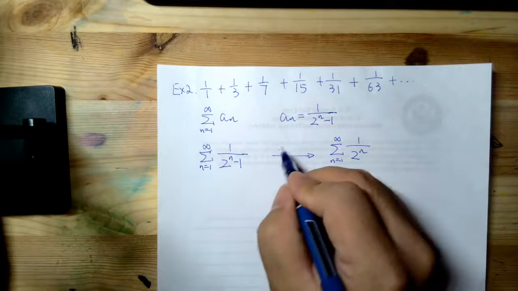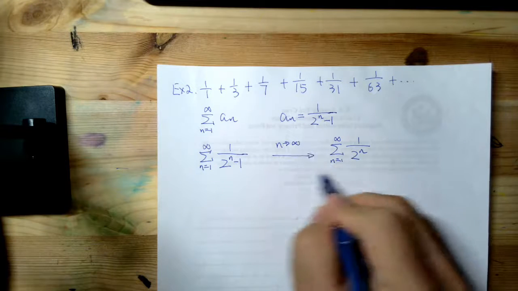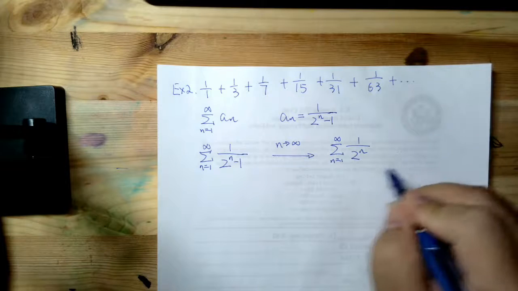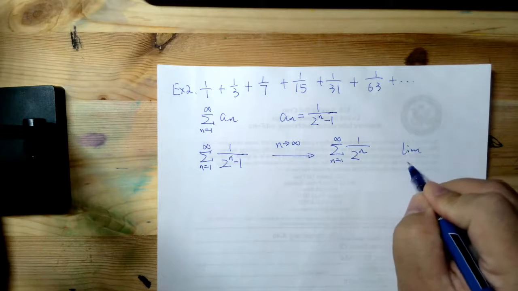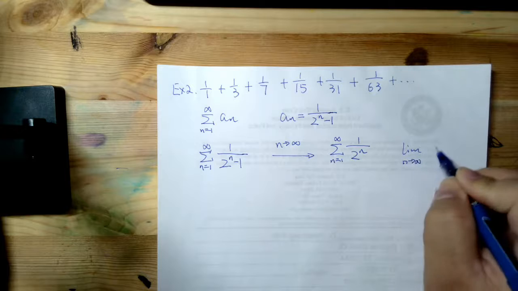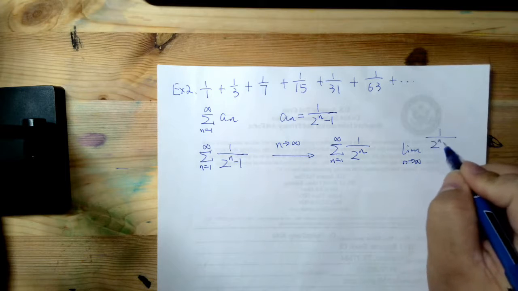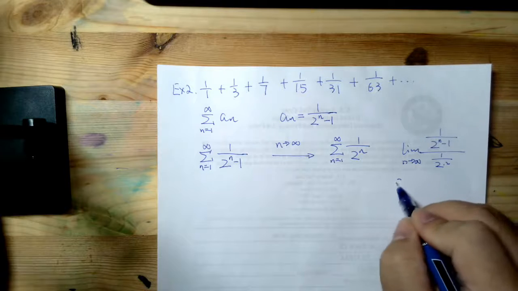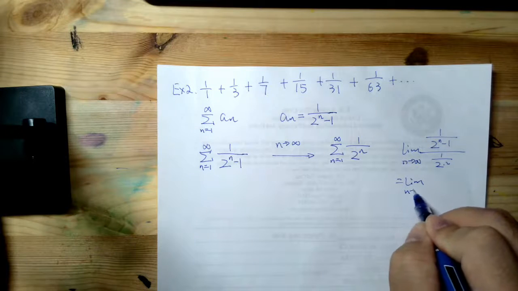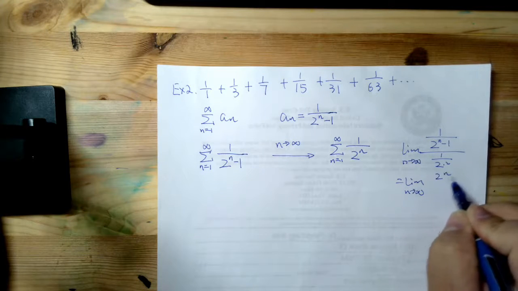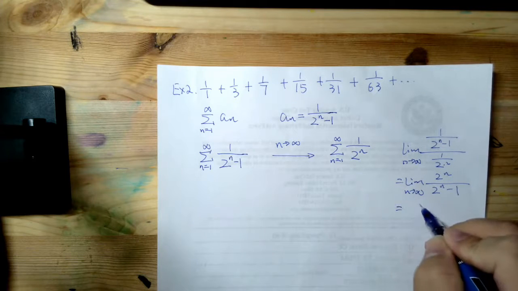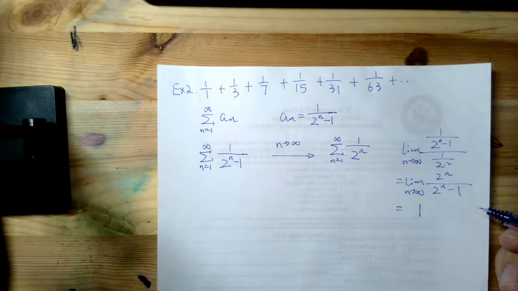As n becomes extremely large. When I write this arrow, really what I'm trying to see is the limit as n goes to infinity of 1 over 2 to the power n minus 1 over 1 over 2 to the power of n, which is the limit as n goes to infinity of 2 to the power of n over 2 to the power n minus 1. This limit is going to be 1.